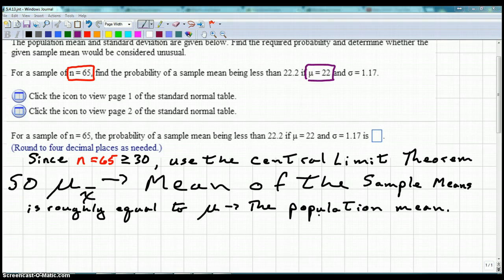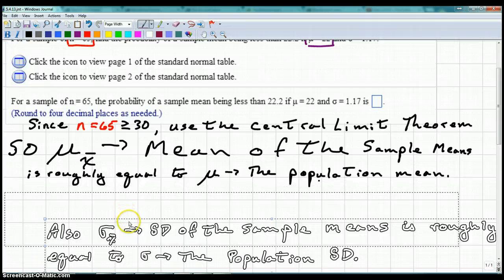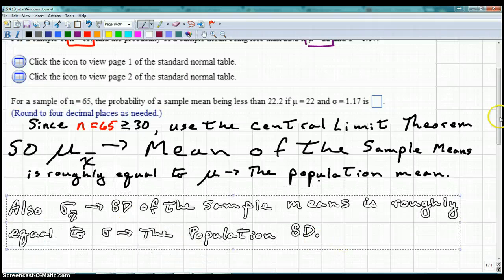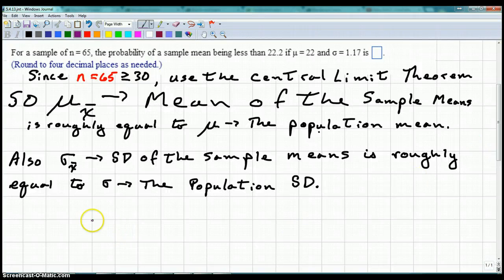Now, the standard deviation of the sample means, also known as sigma sub x bar, is roughly equal to sigma, the population standard deviation.